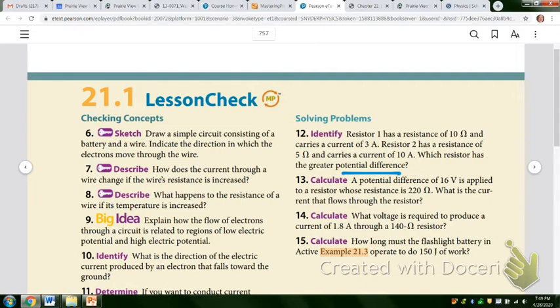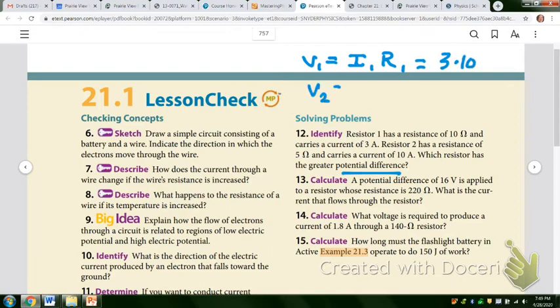And so we want to use Ohm's law again, which is V equals IR. Remember, I stands for current, R stands for resistance. So on resistor 1, we'll call this V1 for voltage 1, current 1, resistor 1. I'm going to replace R with 10 and I with 3. So I've got 3 times 10.